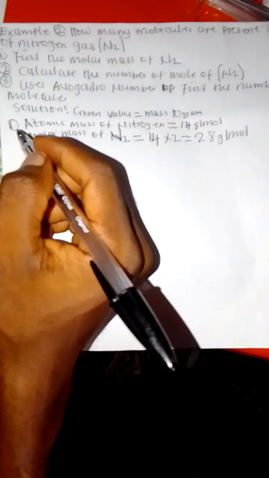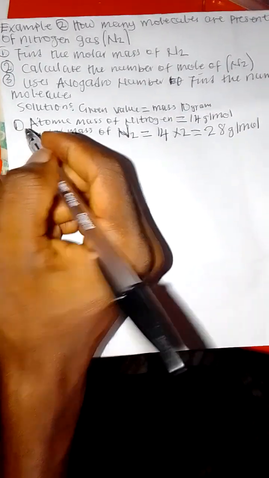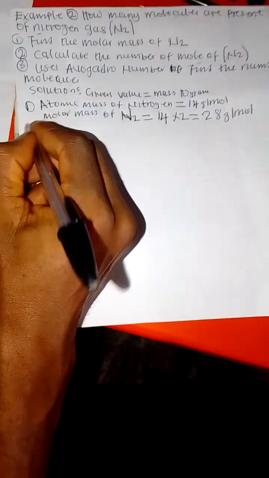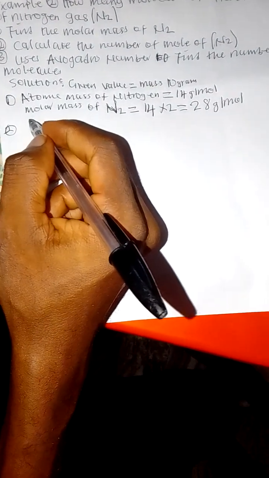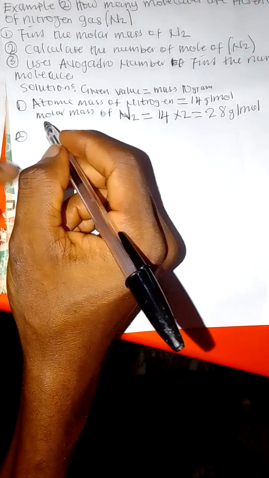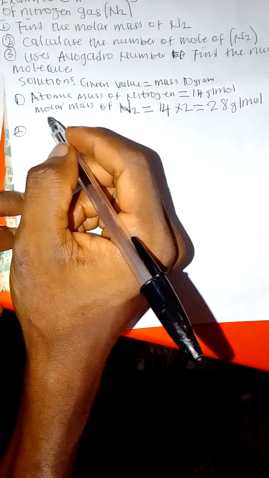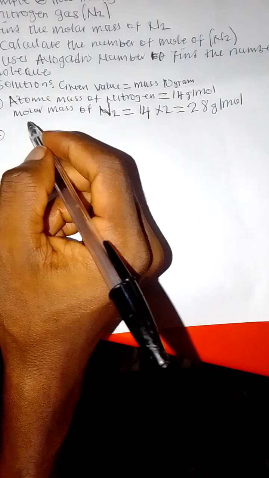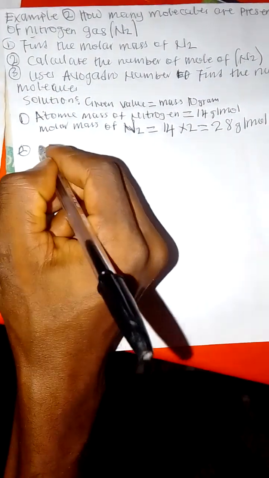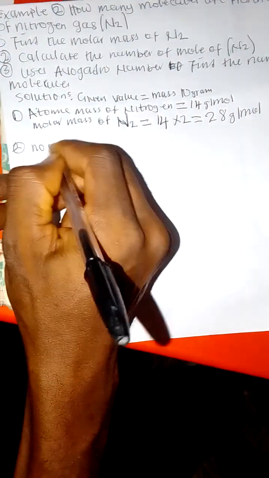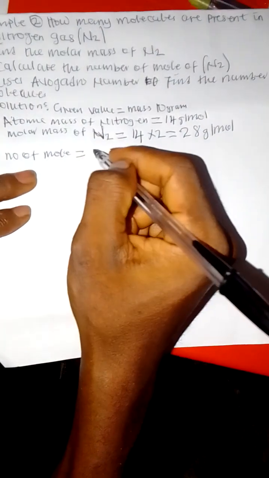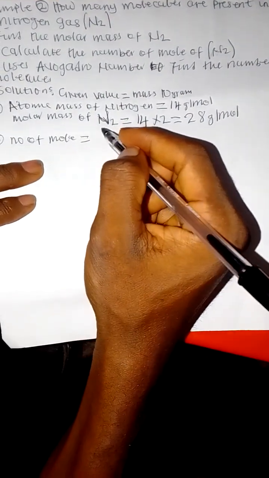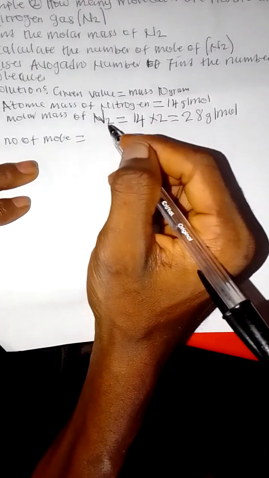So we are to find number 2. Number 2 says, calculate the number of moles. If you have watched the first video, you know the formula for finding the number of moles.